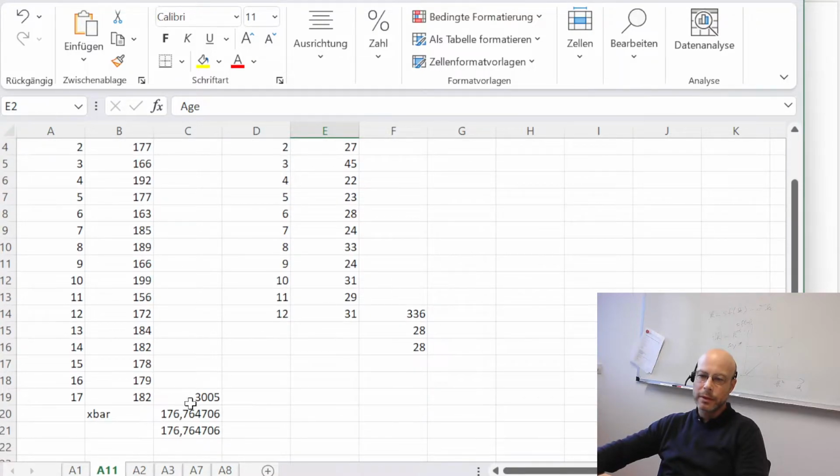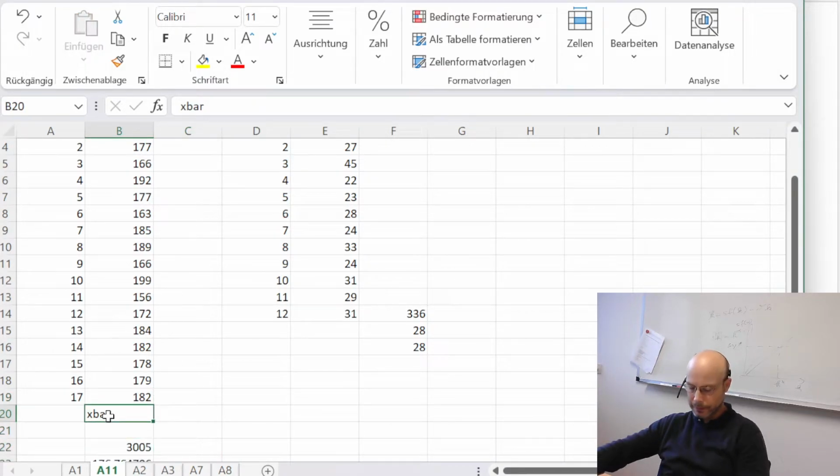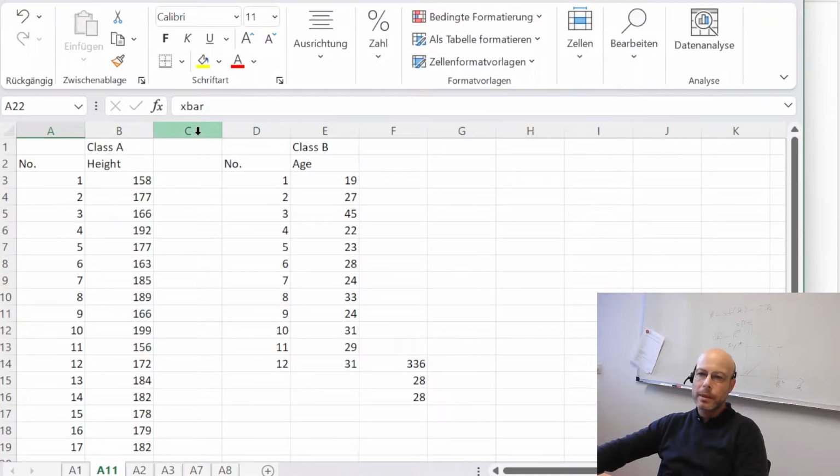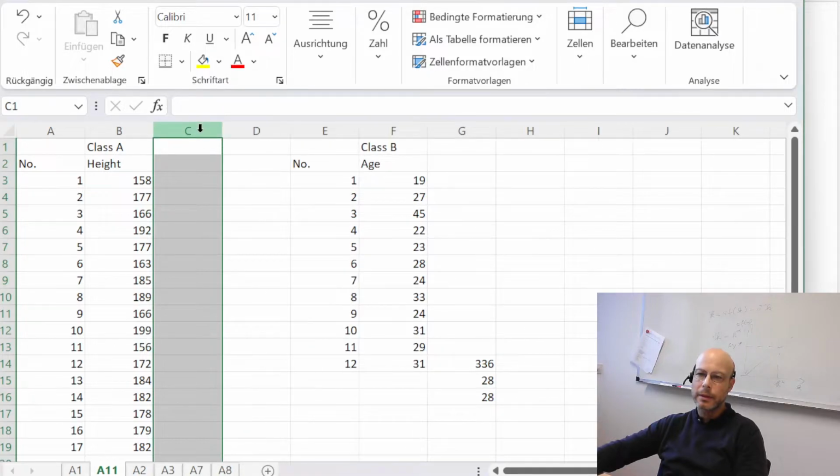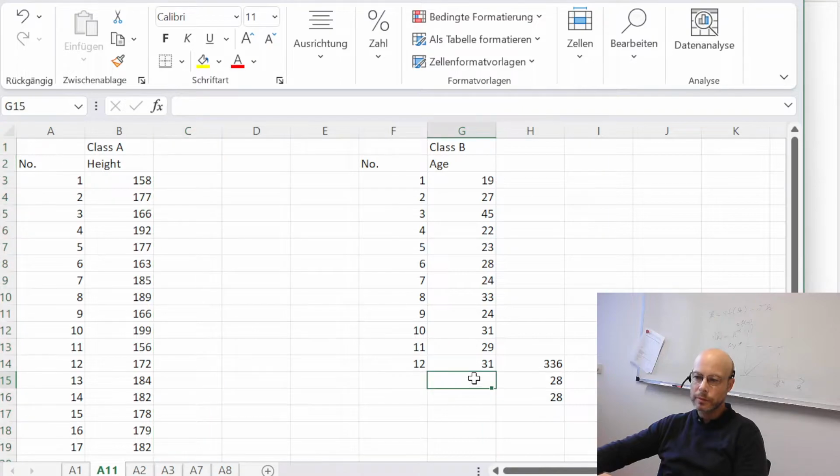Let's move this one here a bit away, because we need some more cells. Any idea?